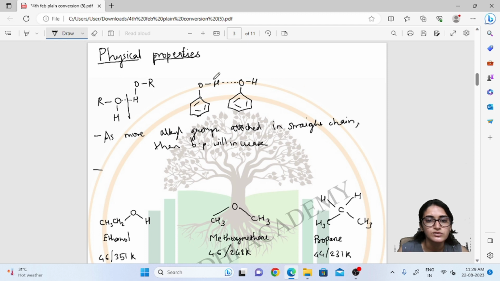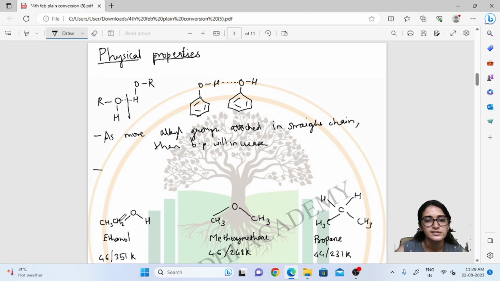Even in phenols, this H and this O are forming a bond, that is intermolecular hydrogen bonding. So both alcohols and phenols form intermolecular hydrogen bonding, and this is very strong bonding. If the bonding between them is strong, then it will be difficult to break the bond, so we need more temperature, and the boiling point will increase.